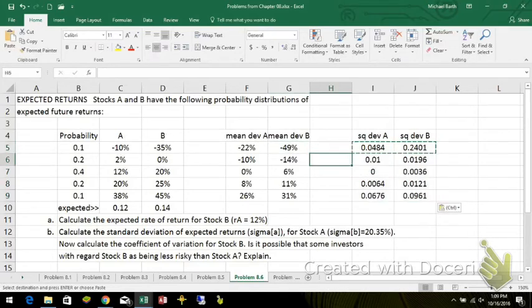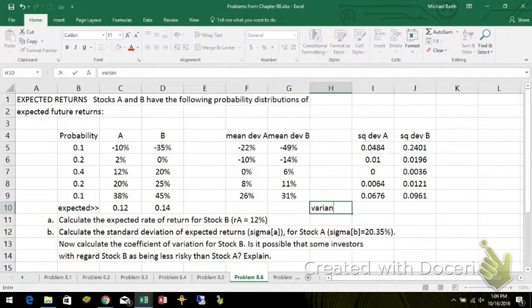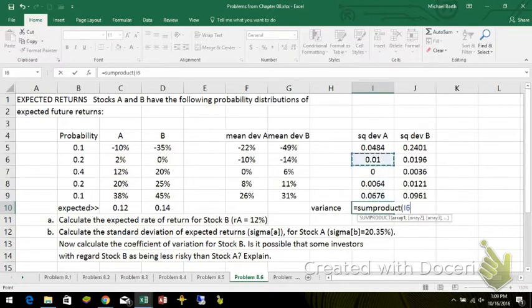Alright, so now I've got all those squared deviations. To get the variance, sum product, I'll take the weights times the value in each of the columns.